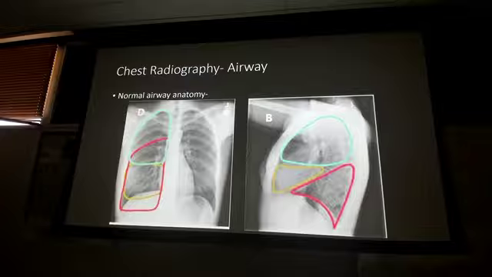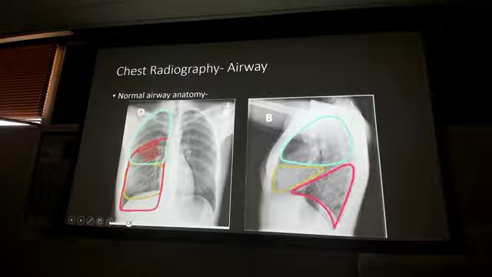Because the right lung has 3 lobes, if I see something here, before looking at this picture, what lobe would you have thought it was in? Probably lower would be your guess. But then you realize when you look at this picture that the middle lobe and the lower lobe overlap on the PA. Same thing with the upper lobe and the lower lobe.